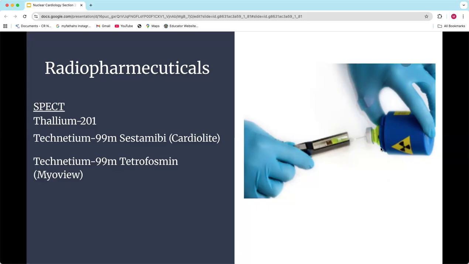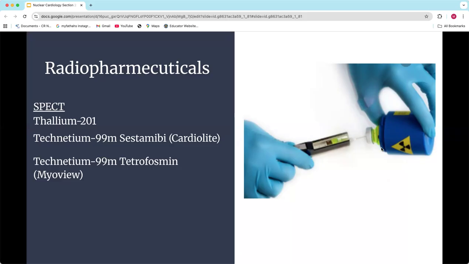Once we have those two things built, it will make a lot more sense why we do the protocols the way we do, knowing how each radiopharmaceutical acts, and understanding how we create stress and what we're actually after when we stress a patient. So protocols will come last, and after that we'll get into looking at some images and some of the pitfalls and things that can happen.